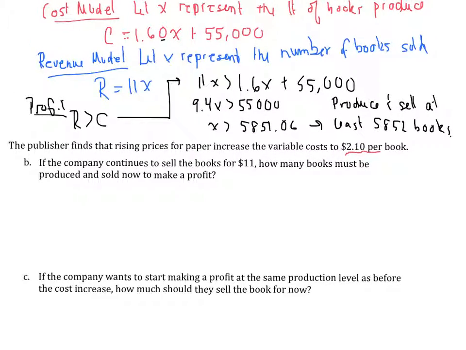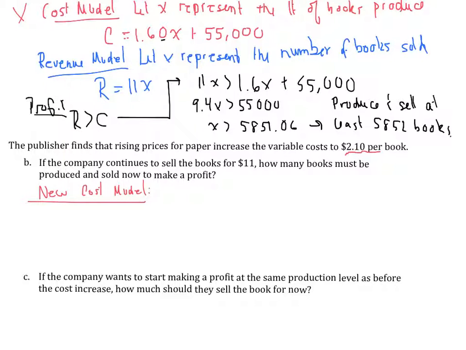So it's $2.10 per book. And so now this is completely different. So what we'll do here is create a new cost model. This model here doesn't work anymore, so we need a new cost model. That's the only difference with this problem.